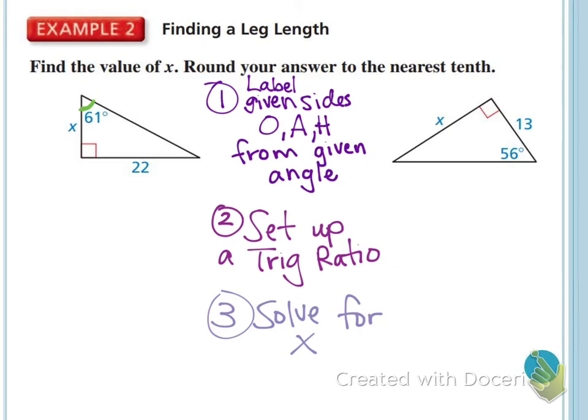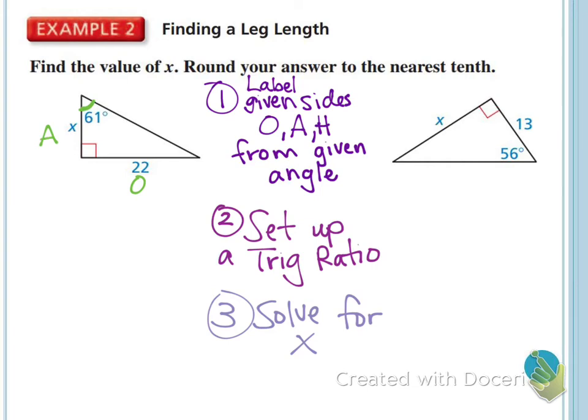So everything you label needs to come from the perspective of 61. The given sides are x and 22. I don't care about this blank side. I care about these two. I want to find x. I know this is 22. What kind of side is 22 in comparison to 61? Opposite. And what kind of side is x? Adjacent.